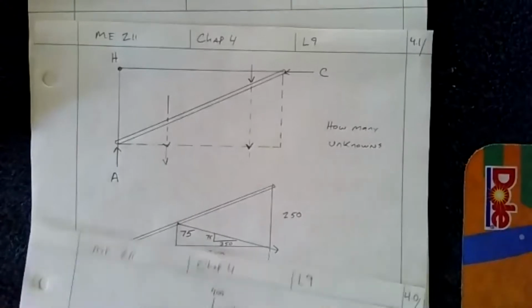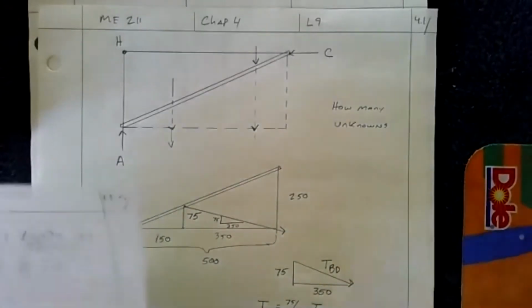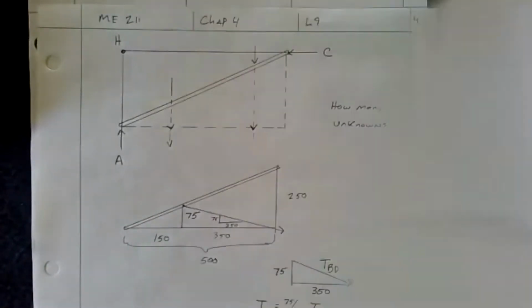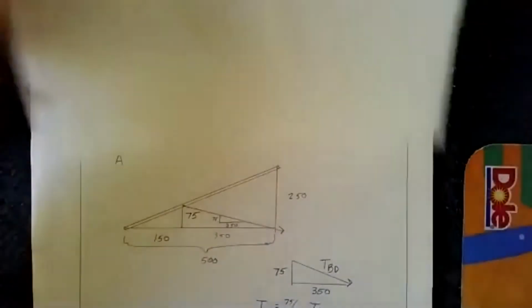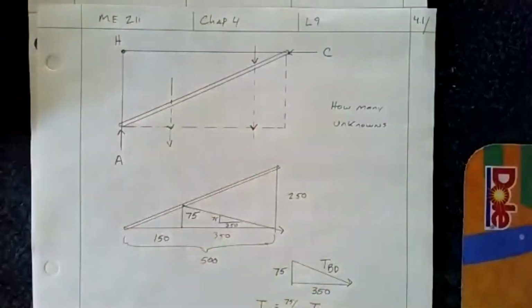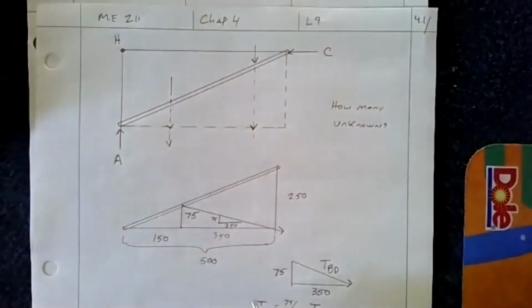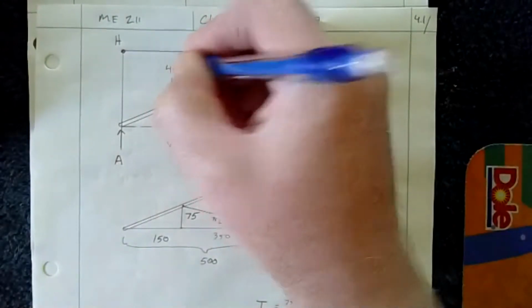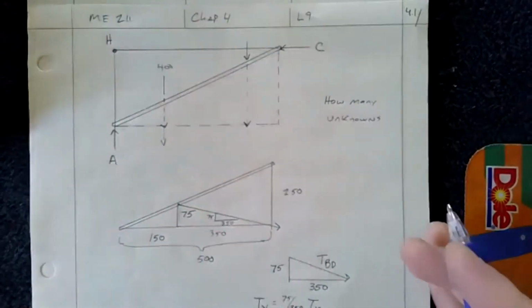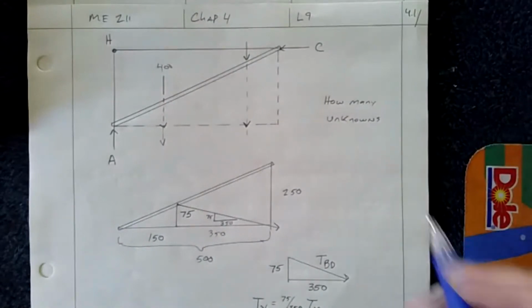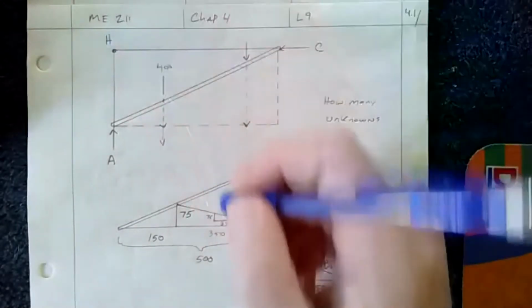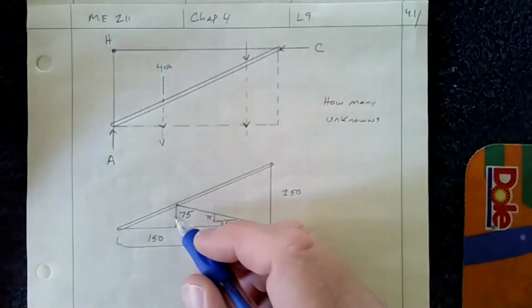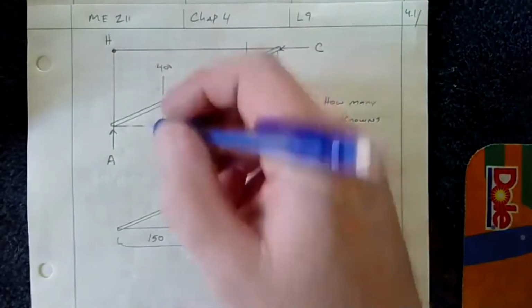Looking back up here, it's hard to have everything on the screen at once. Here we have the 400, and we know its distance to this point here is only 100 millimeters.